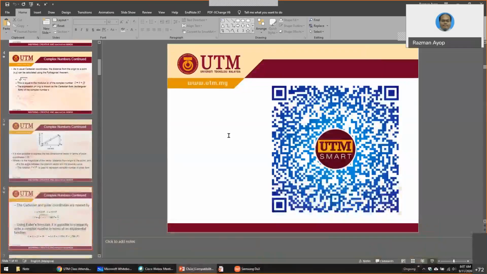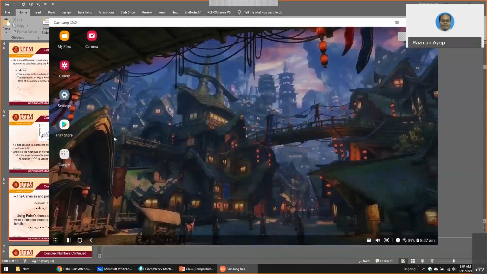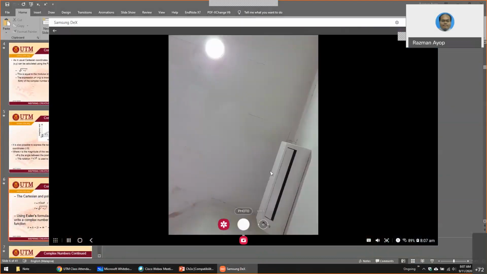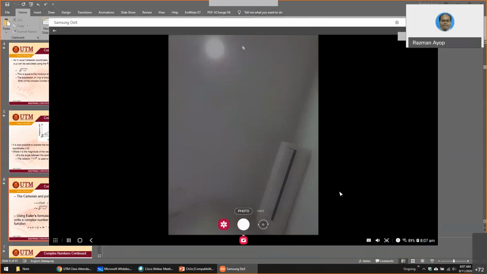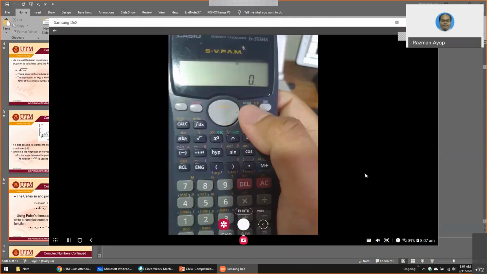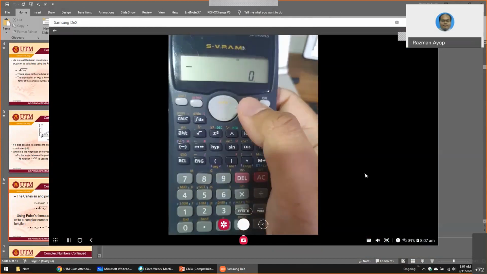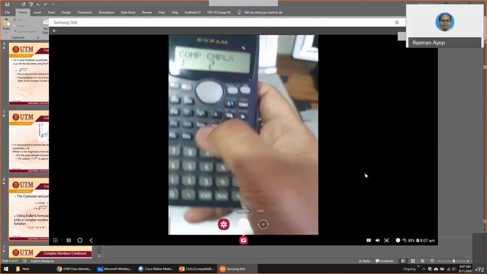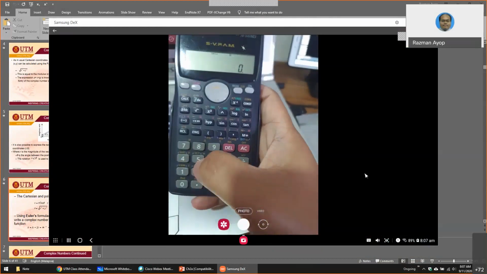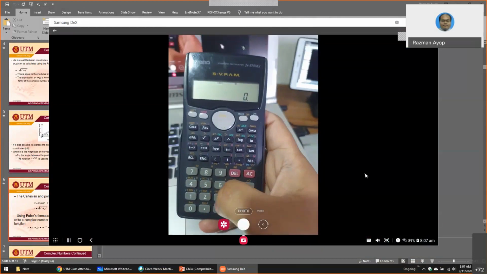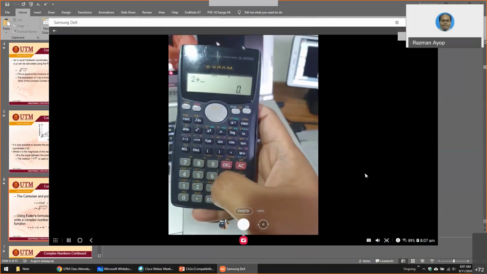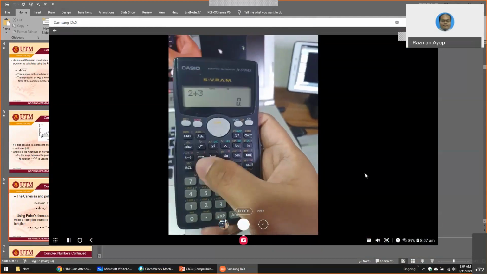So how to do this? If you have the older calculator, you have to go to the complex mode first. For example, you have 2 plus 3i.